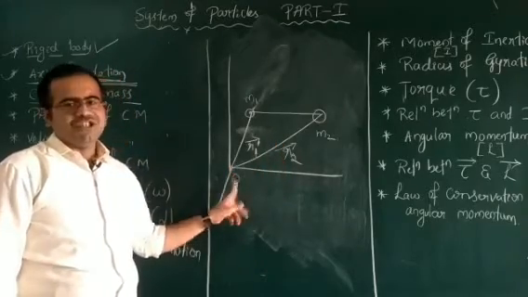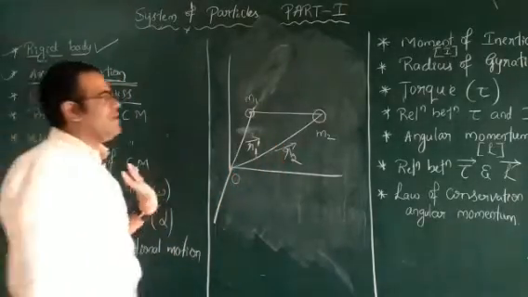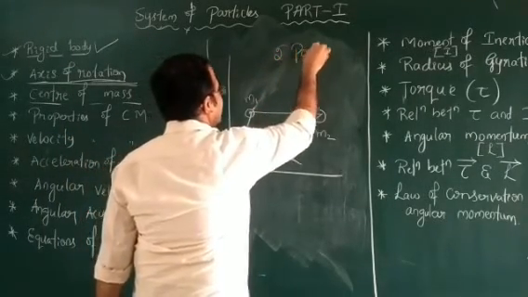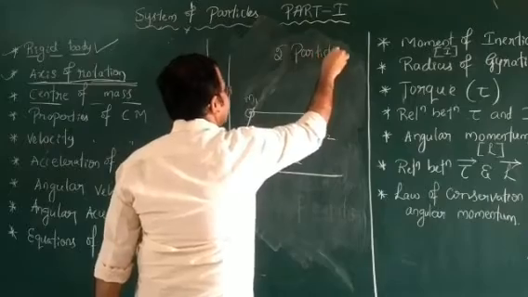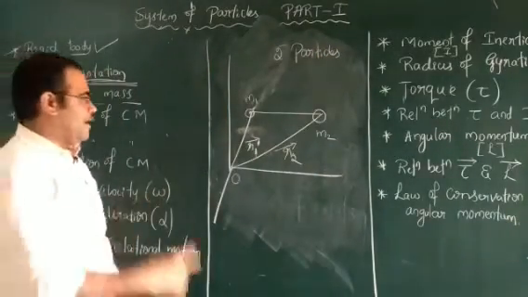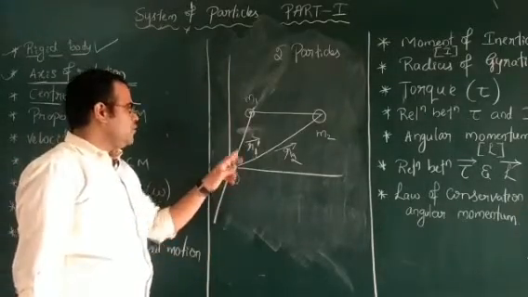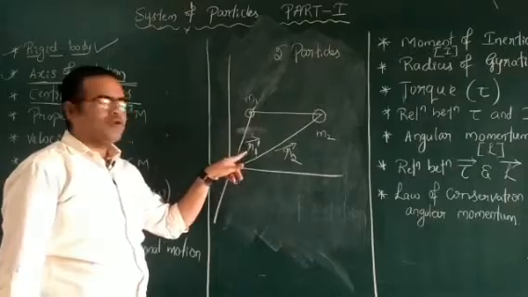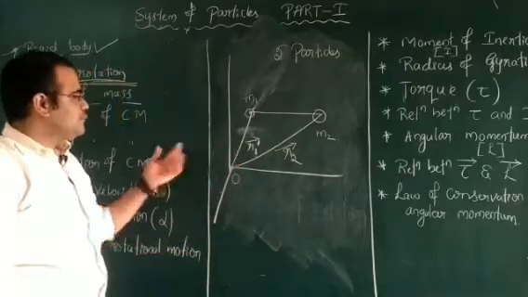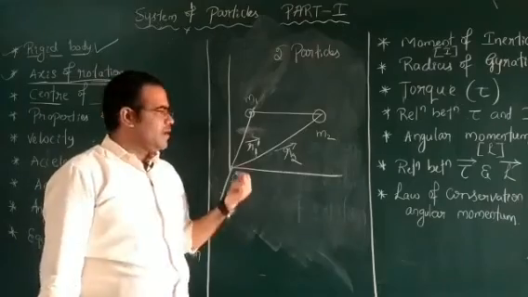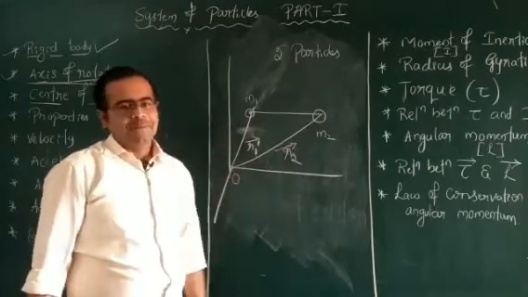These are the quantities when we consider a system of only two particles, a rigid body with only two particles. So vector r1 is the position vector corresponding to the first particle, and similarly vector r2 is the position vector corresponding to the second particle.